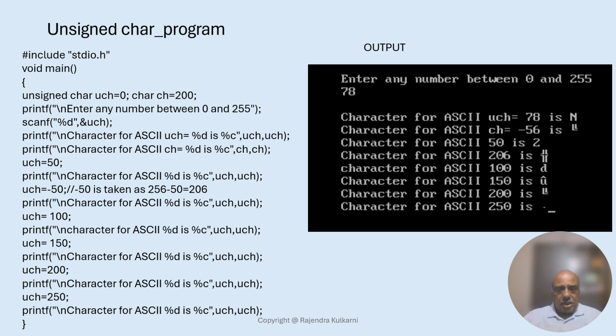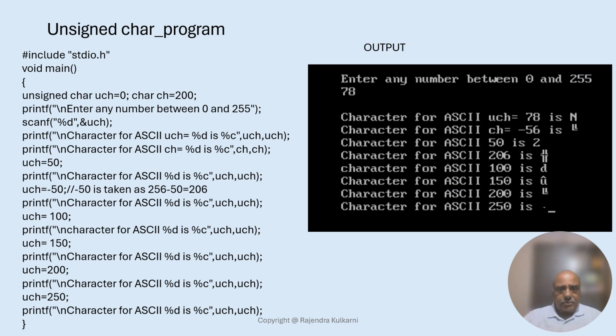Then the character for ASCII code CH is equal to -56. Now why this -56? Because CH has been assigned 200, which it cannot hold because it is a signed char variable.